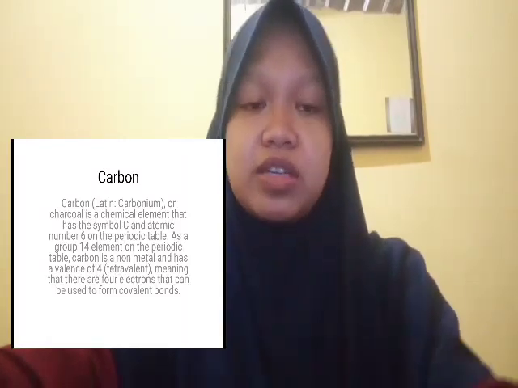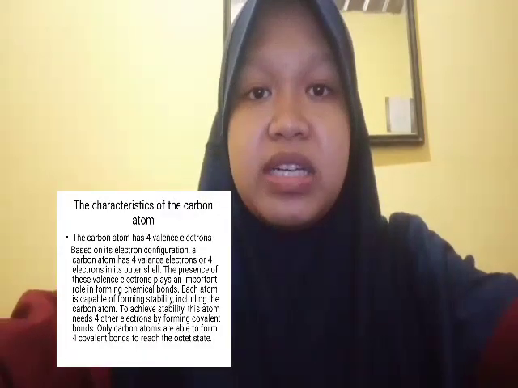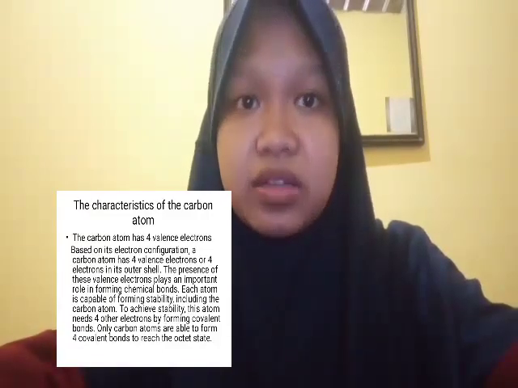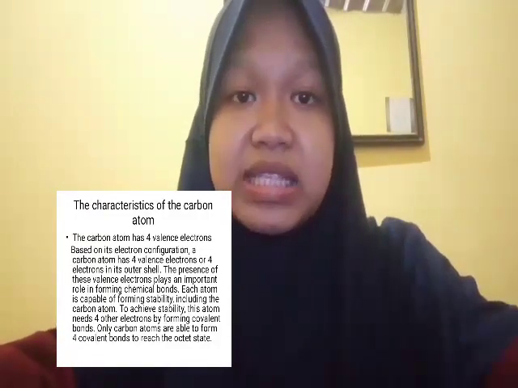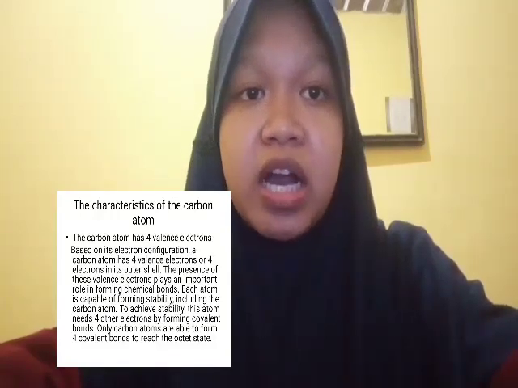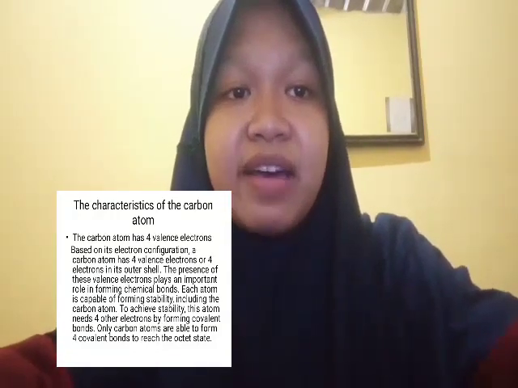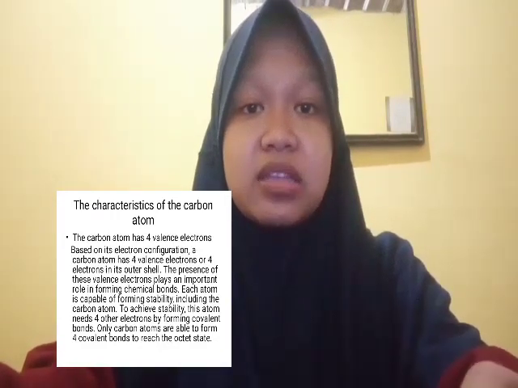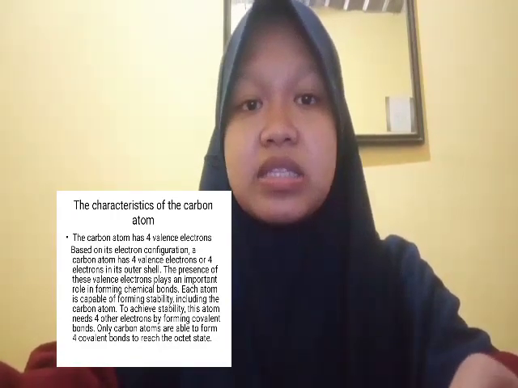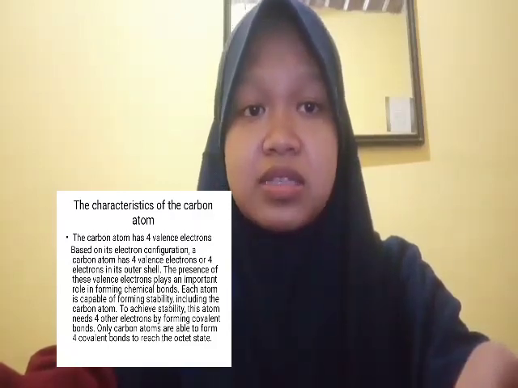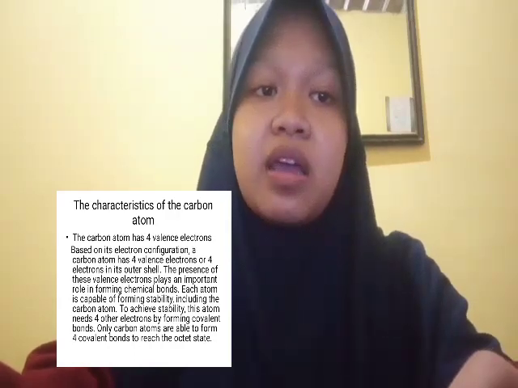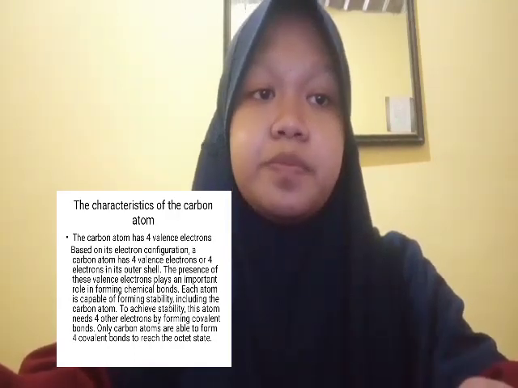So, what are the characteristics of carbon? The first characteristic is that the carbon atom has 4 valence electrons. Based on its electron configuration, a carbon atom has 4 electrons in its outer shell. The presence of these valence electrons plays an important role in forming chemical bonds.